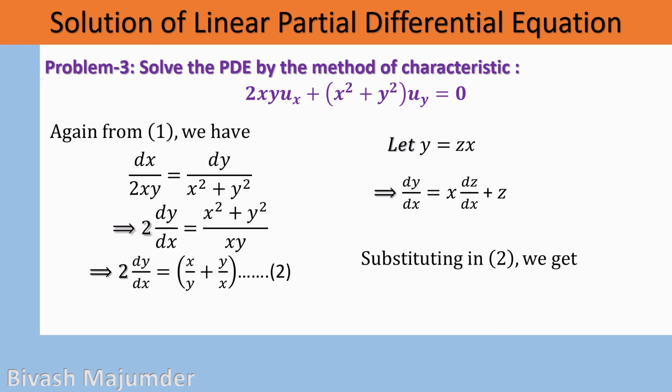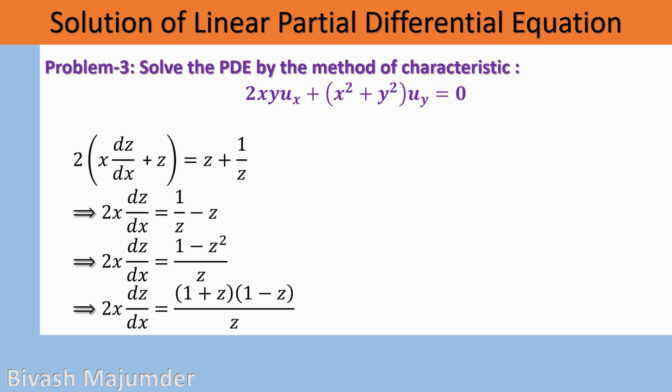Differentiating with respect to x, we get dy/dx equals x dz/dx plus z. Now substituting this value, we get 2 times x dz/dx plus z equals z plus 1 by z. Further simplifying, we get 2x dz/dx equals (1 plus z)(1 minus z) by z.